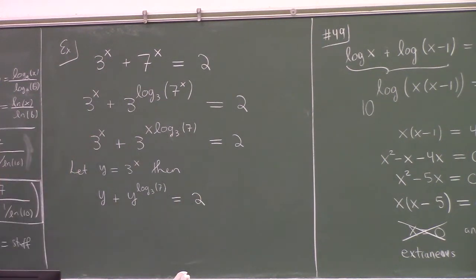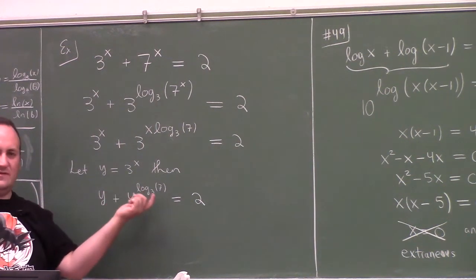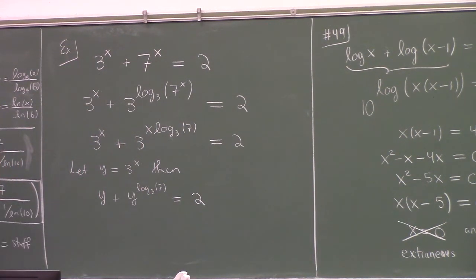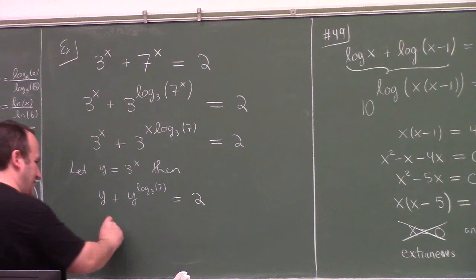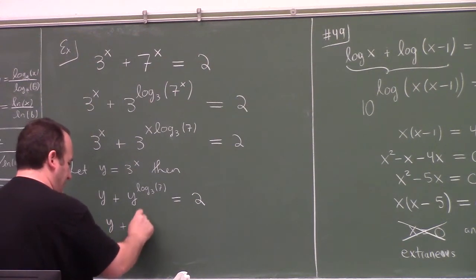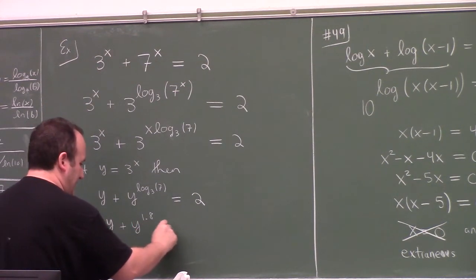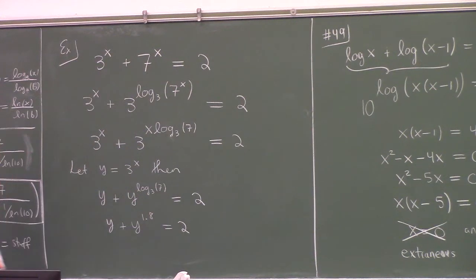Do you remember when we learned how to solve equations like this? Log base 3 of 7 is some number, 1.8 or something. This is something like y plus y to the 1.8 power equals 2. How do you solve such a thing? The answer is with technology, right?